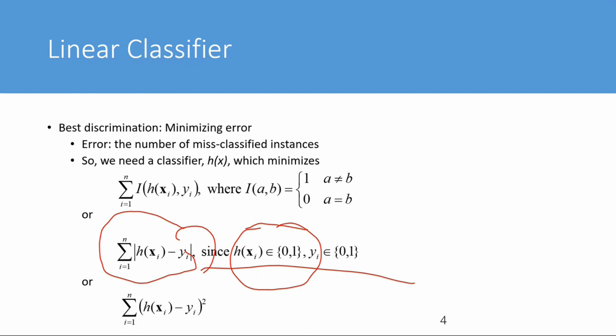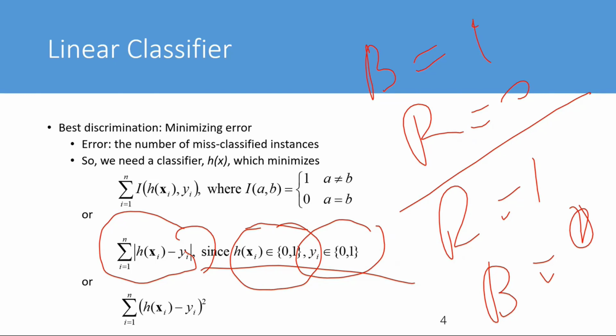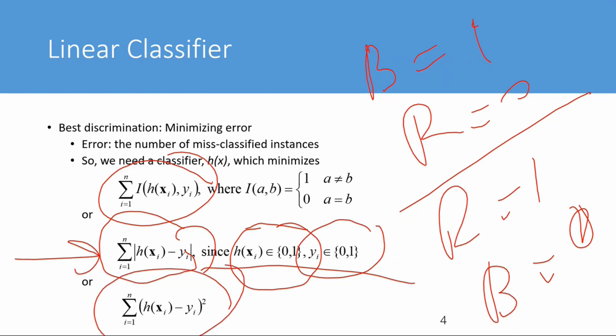If you are classifying two classes, your label would be either 0 or 1. So you call blue a 1 and red 0, or red 1 and blue 0. In any case, 1 represents that this instance is correctly predicted. Or this might be in this form, a difference equation, or a squared error function.